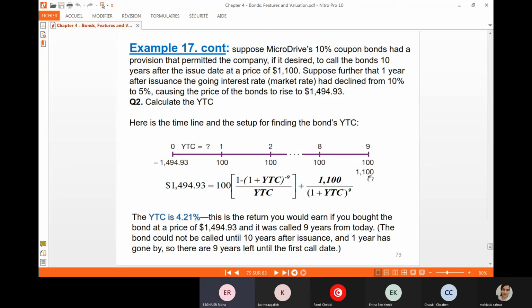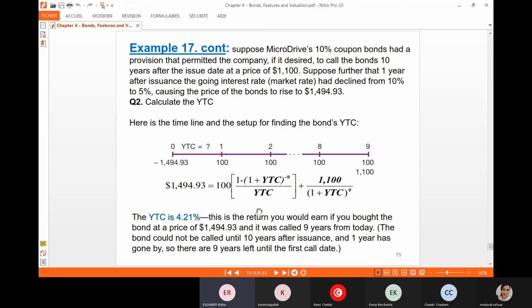And the call price is 1100. Of course the coupon is the same, always 10%, it doesn't change. If you buy the bond at 1494.93, you receive 109 times and you receive 1109 years from now. Your annual rate of return, we use the linear interpolation, of course, here.